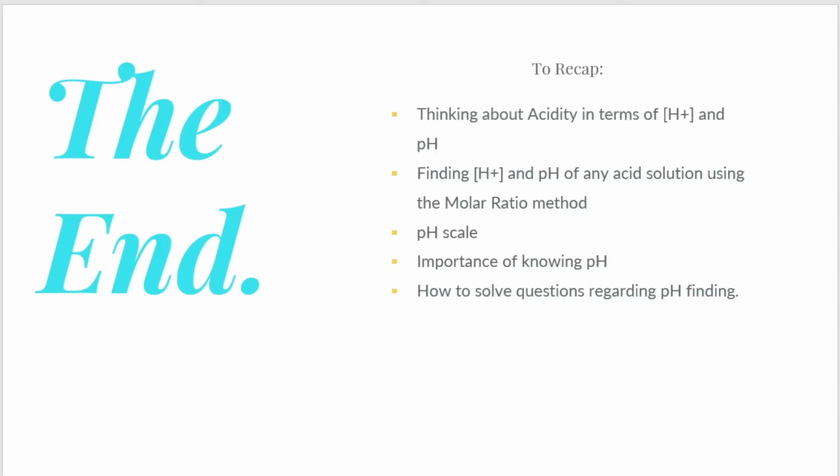But just to recap, in this video, we learned how to think about acidity in terms of hydrogen ion concentrations and pH values. We learned how to find hydrogen ion concentrations and pH values of different acid solutions in terms of molar ratios. We learned the pH scale. We understood the importance of knowing pH and how to solve questions regarding pH.